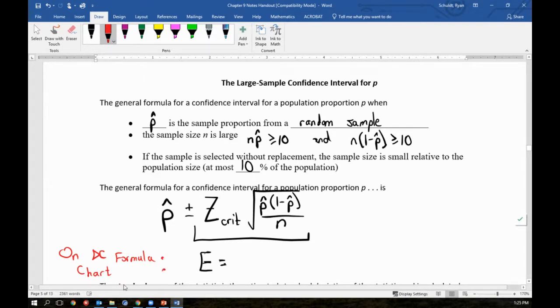They say that this is E and that it's equal to ZC times the square root of P hat times Q hat over N. Y'all see that on the chart?